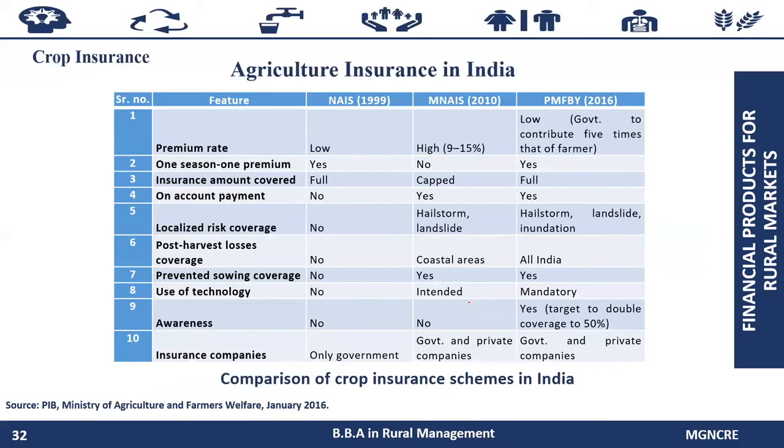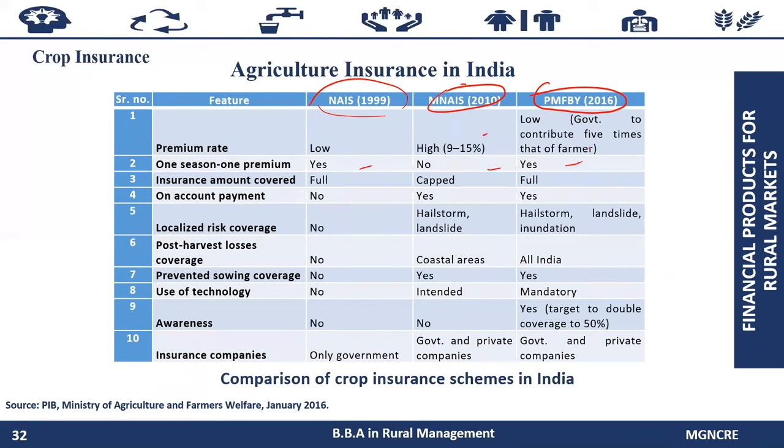Then you can see the comparison of the three main schemes here. The premium rate in this was low, in this it was high, and in this it was low. Then one season, one premium was there in this, not in this, yes in this.